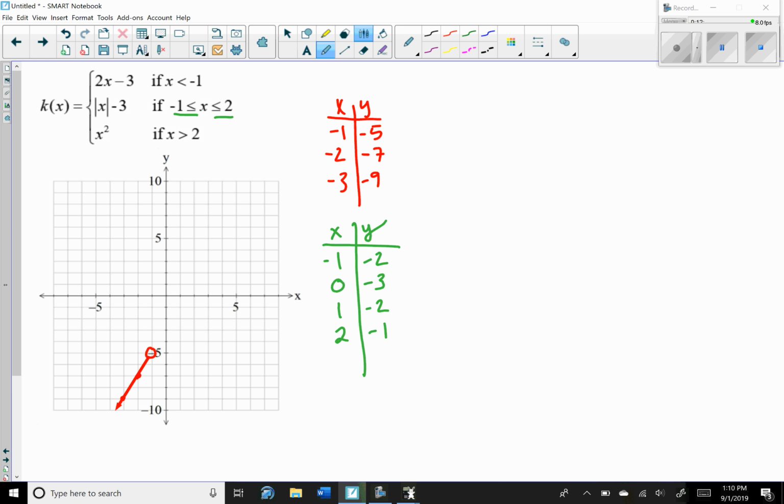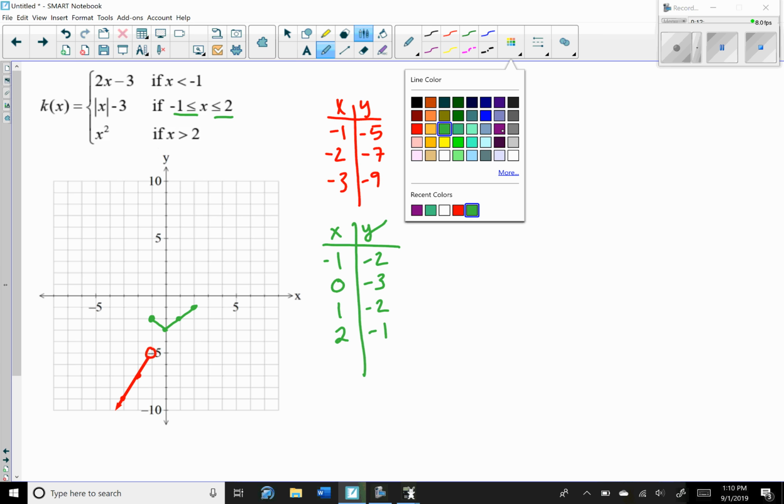So now I can go ahead and graph my absolute value, which again, remember, makes a V shape. So -1, -2, we know is going to be a closed circle because both of these are less than or equal to signs. And then all I have to do is connect the points.